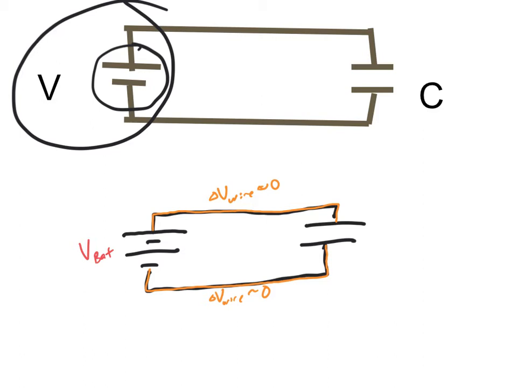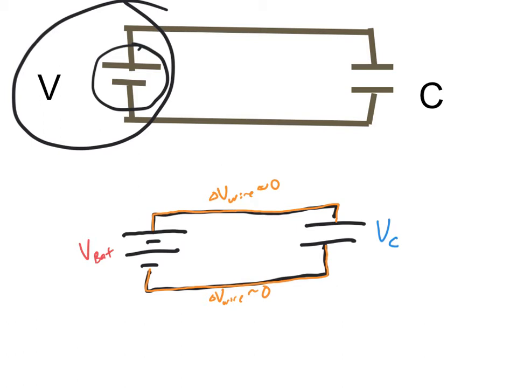Or maybe a variable power supply that can supply different voltages. So there's lots of values that the voltage across the battery could be. But in this situation, the voltage across the battery and the voltage across the capacitor are going to be the same. And here's why.